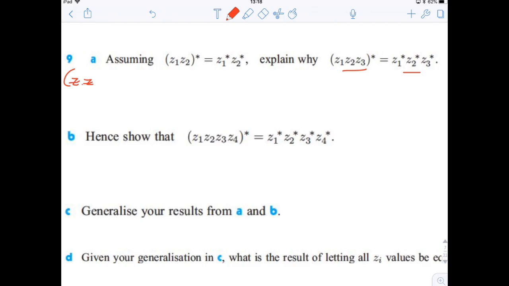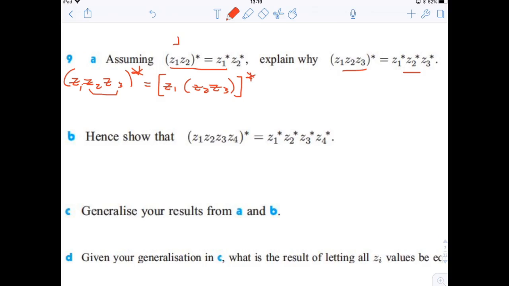We have z1, z2, z3 multiplied times each other, conjugate. And we'll use this expression to rewrite this. Let's group z2 and z3 together. So this is z1 times the number z2 z3, and it's the conjugate of that.